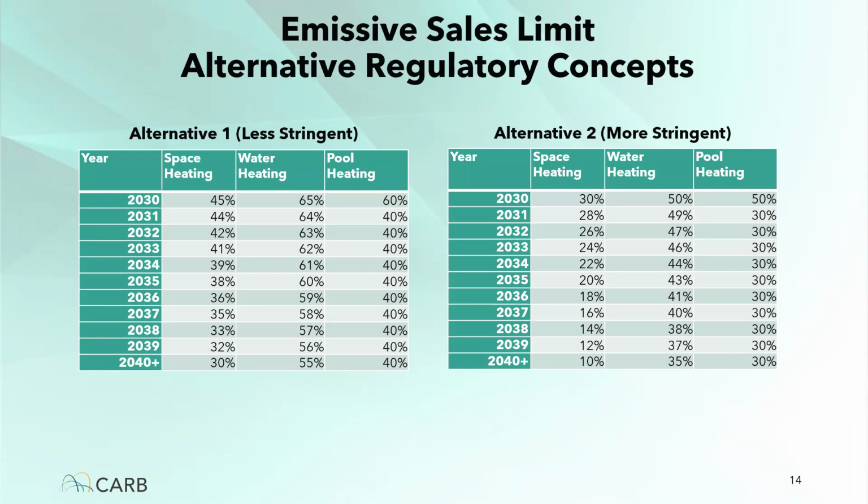Alternative two is more stringent and reduces the emissive sales percentage by about 10 to 15% for space and water heating and about 10% for pool heating compared to the proposal. Similar to the emissive limits, we're seeking feedback on these and other potential alternative concepts. Our team will also present the emissions and cost estimates for the proposal as well as the alternatives later this morning.